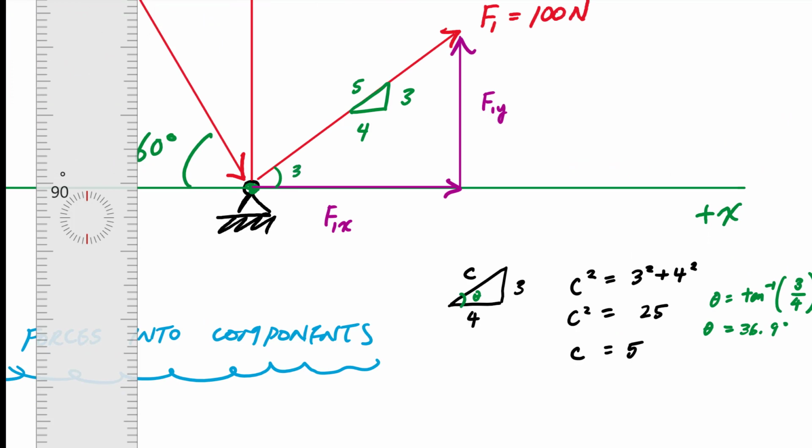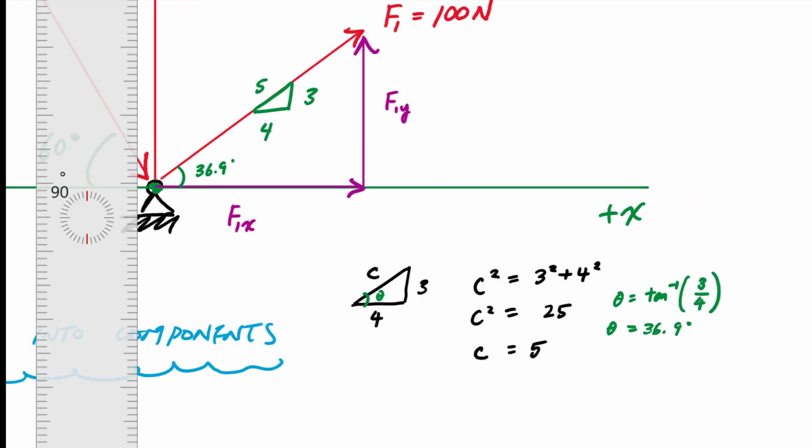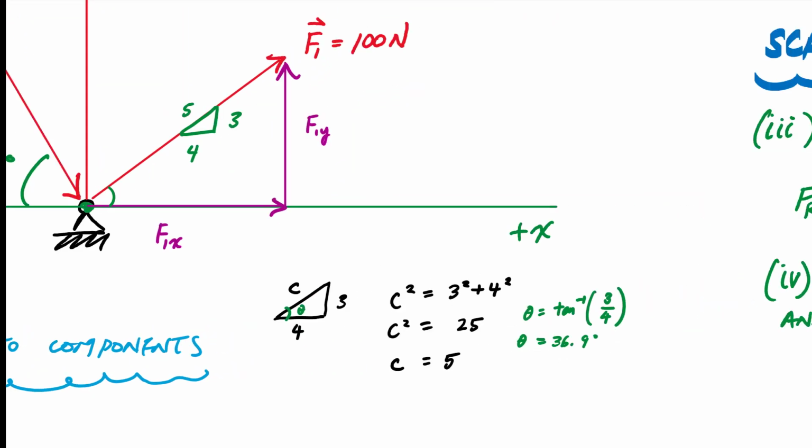Here, I know that this is 36.9 degrees. I could use this angle to calculate F1x, F1y. But check it out. Let's say I don't want this angle here, and I use this as the angle theta, which is the same as this little triangle, this 3, 4, 5 angle theta. I know that sine theta is equal to the opposite, which is F1y, over the hypotenuse.